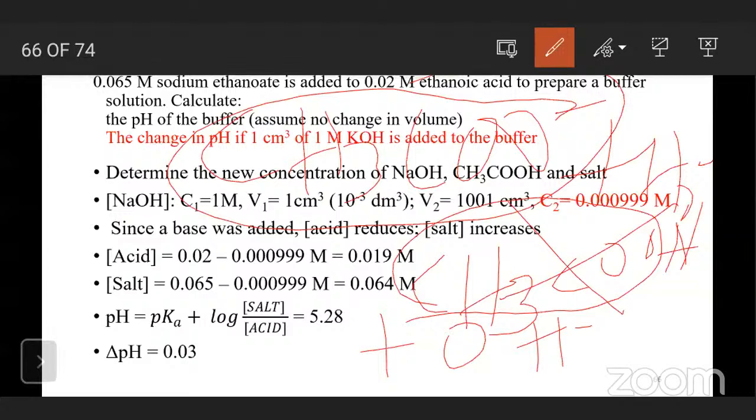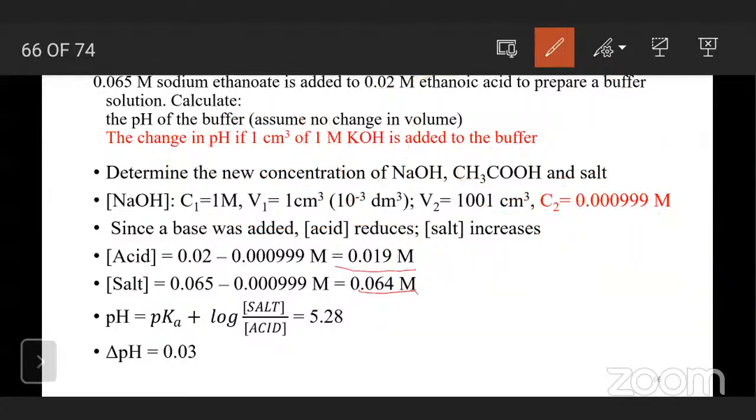And that is why we subtract the concentration from that of the acid.